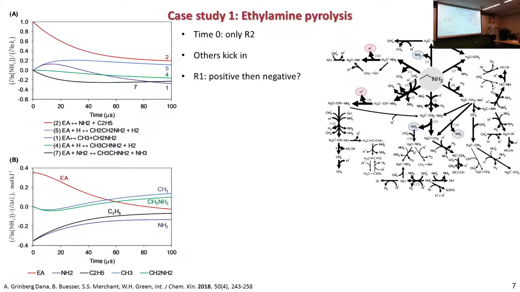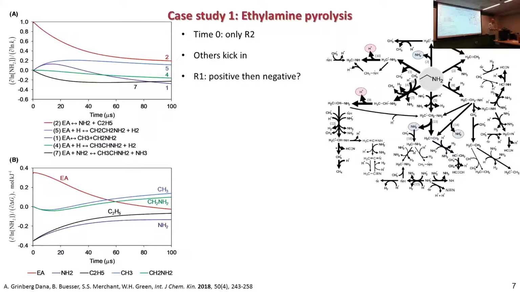A positive sensitivity coefficient means, by definition, I perturb the reaction, let's say I increase it, the delta is positive, and I get an increase in concentration of my observable. So if I'm positively sensitive to reaction number 2, that means if I were to increase its rate, I would get more NH2 in the system.